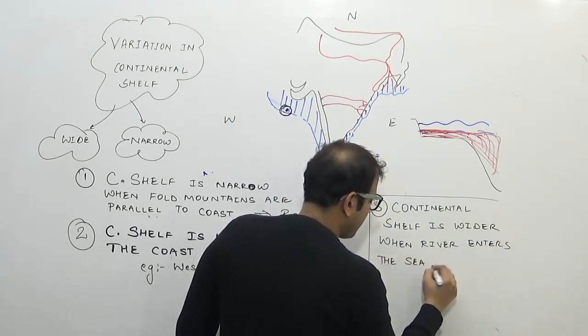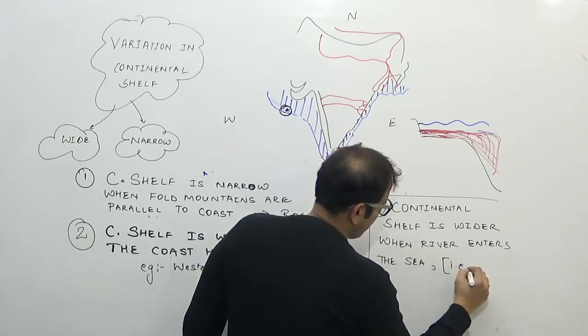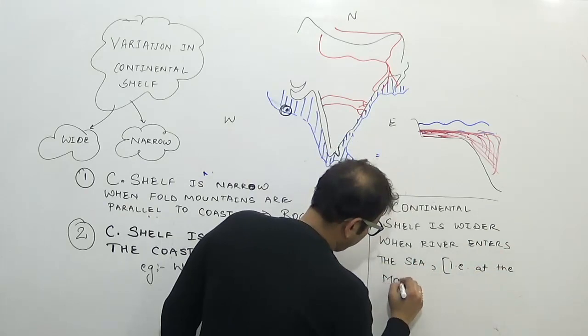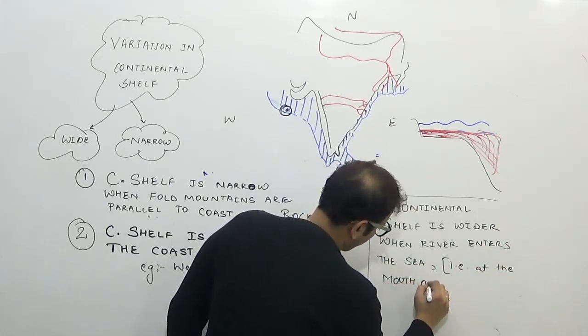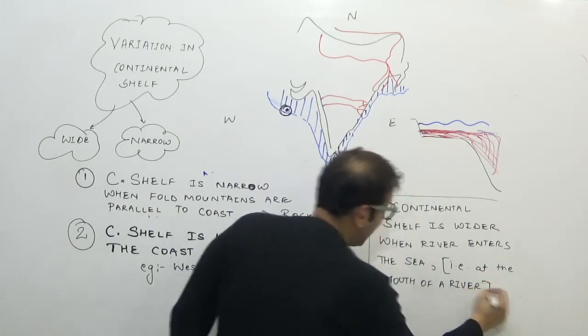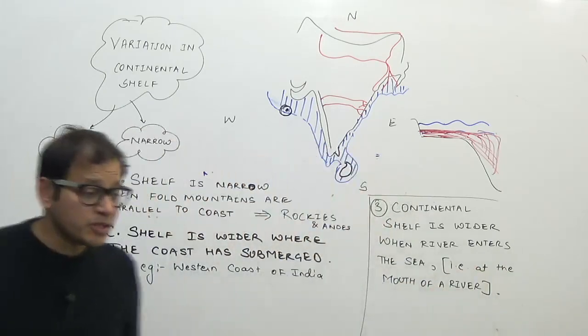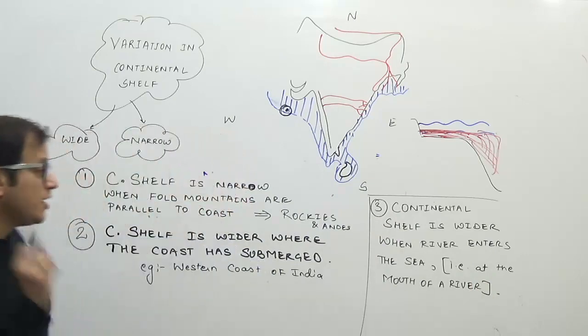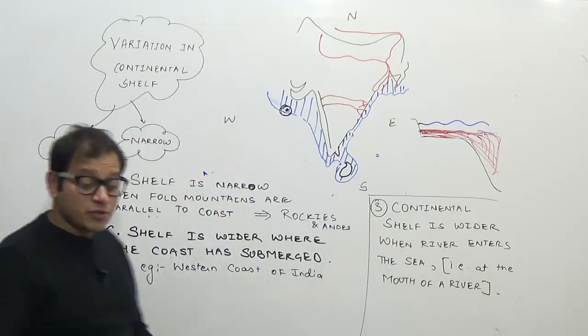That is at the mouth of a river. Why is it wider? Because of the deposition of a large amount of sediments by the river. Therefore, the continental shelf is wider.